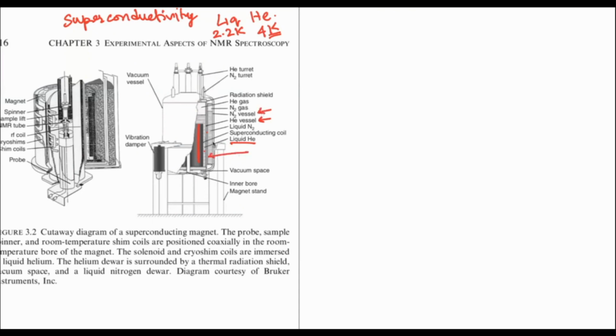In order to ensure that the helium doesn't boil off very fast, you have another layer which holds nitrogen, because nitrogen gas and therefore liquid nitrogen is cheap. We minimize the amount of liquid helium that vaporizes by using liquid nitrogen right outside. And of course, you have a shield outside, where we will be standing and doing our experiments.